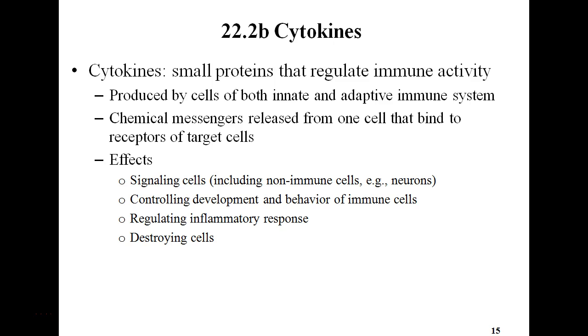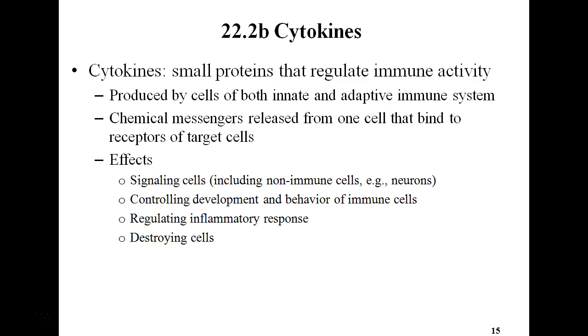So we're still on this topic of cells and complex molecules that help the body fight foreign invaders, and we get to the topic of cytokines. These cytokines are small, soluble proteins produced by cells of the immune system, and they're going to regulate and facilitate immune system activity.